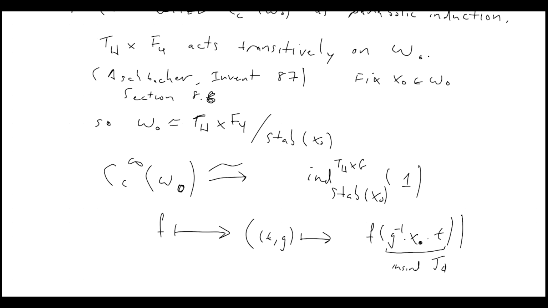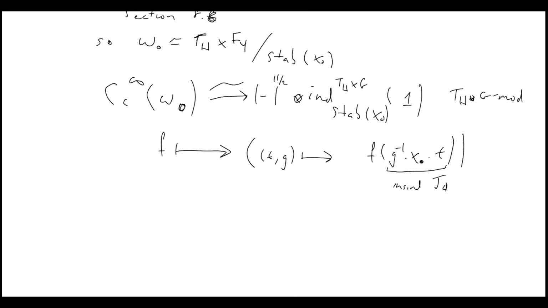We need to include a character here. If you include this character, then this becomes a TH cross G homomorphism, an isomorphism. And then we need to figure out what the stabilizer is.